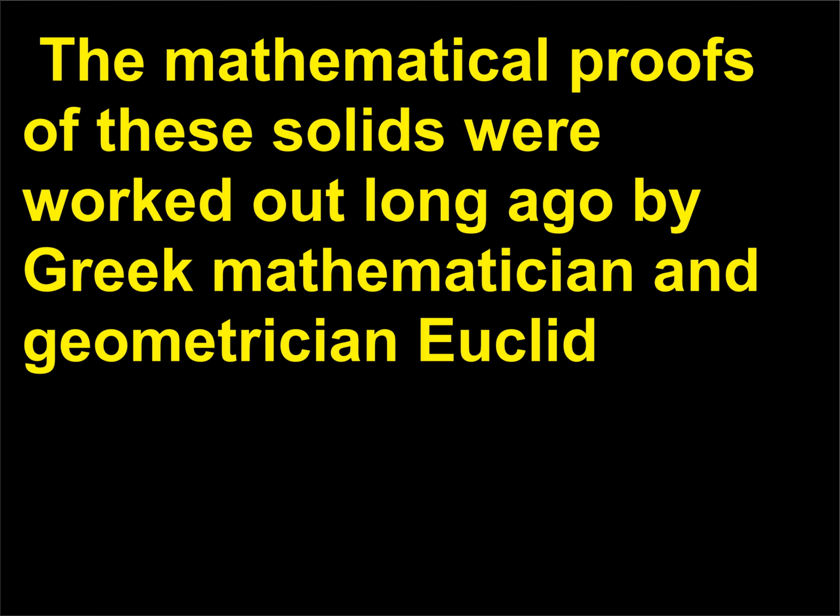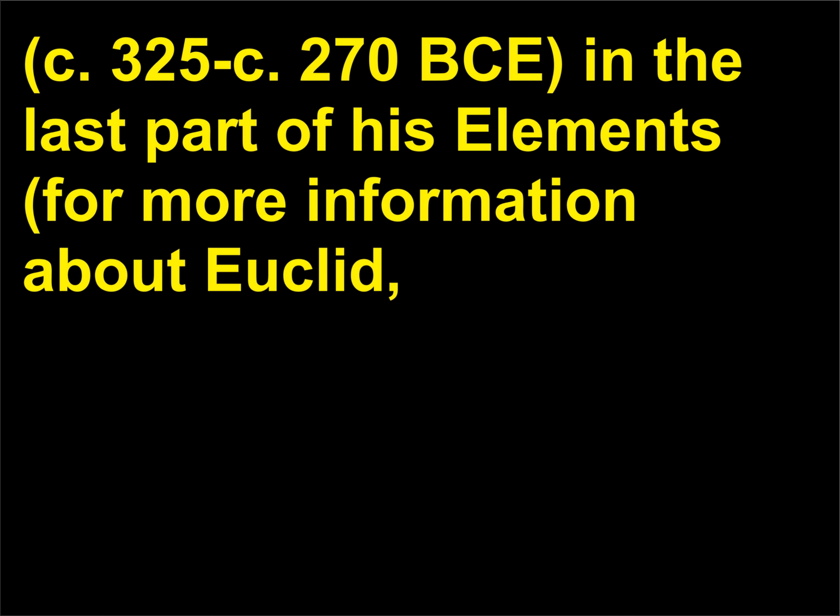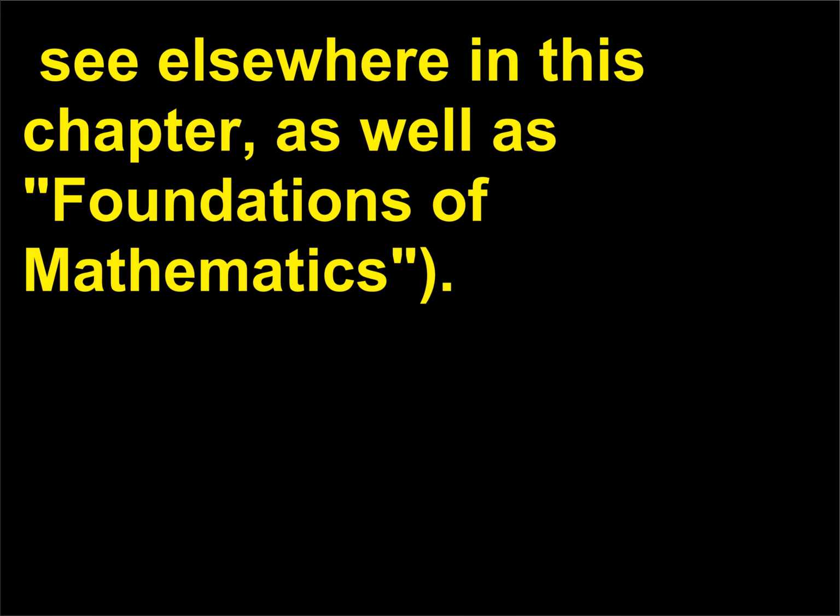The mathematical proofs of these solids were worked out long ago by Greek mathematician and geometrician Euclid, c. 325 to c. 270 BCE, in the last part of his Elements. For more information about Euclid, see elsewhere in this chapter, as well as Foundations of Mathematics.